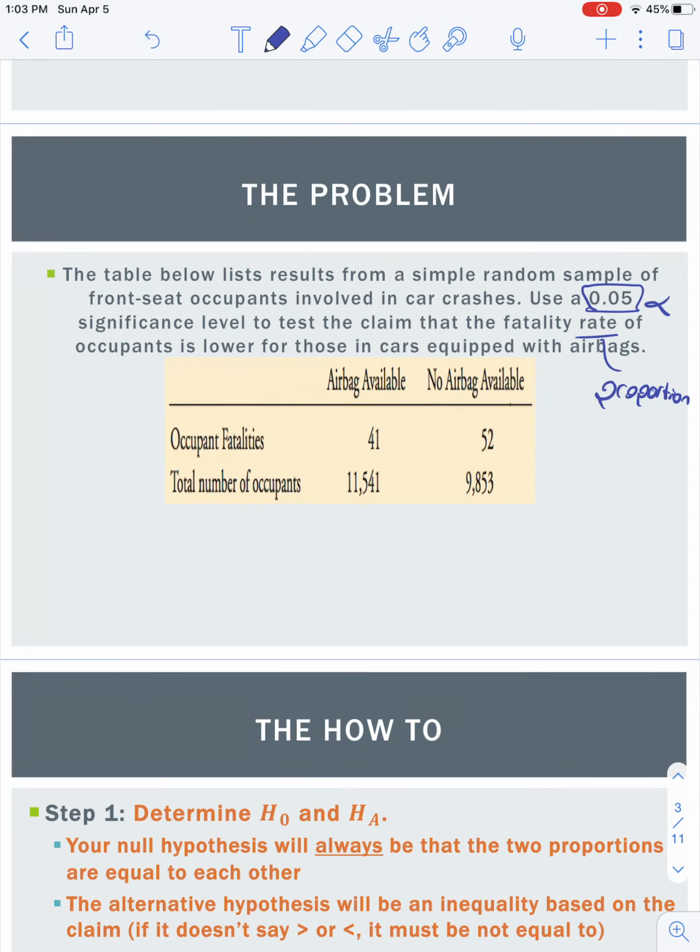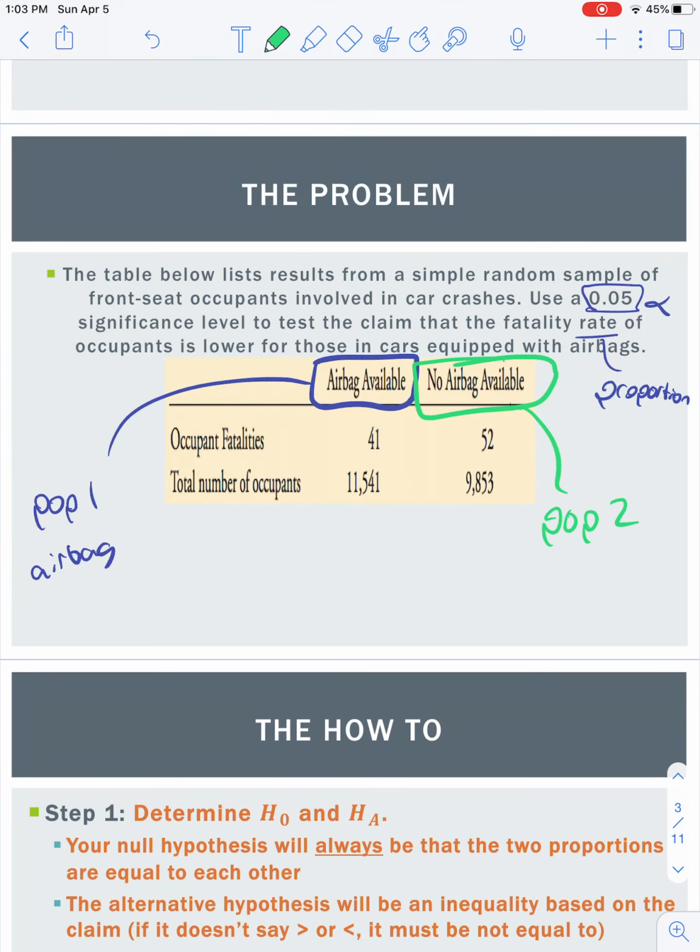Okay, so we have two populations. We have population 1 is the airbag population, and then we have population 2 is the no airbag. So you see right from the beginning of the problem, I'm going to make it really clear which population's which, so I don't get confused later on.